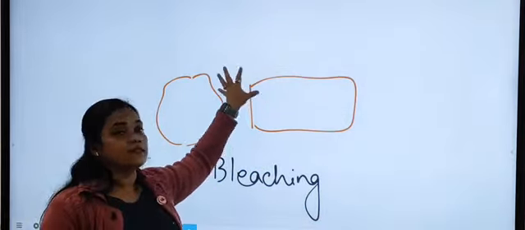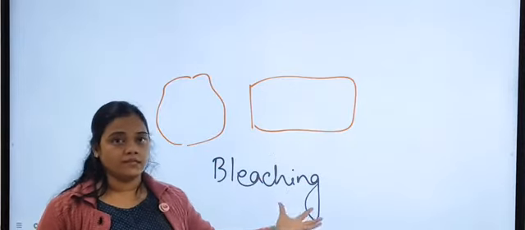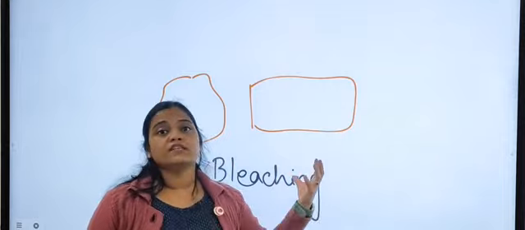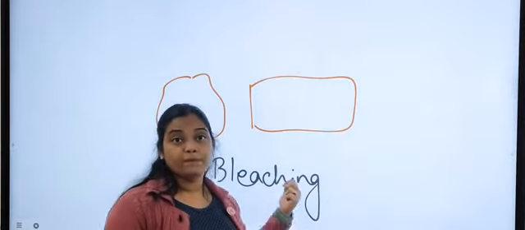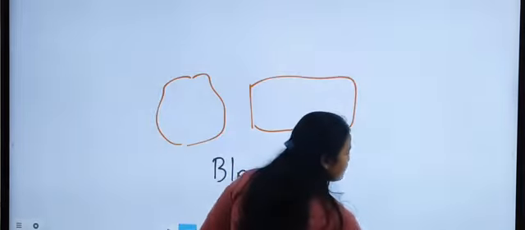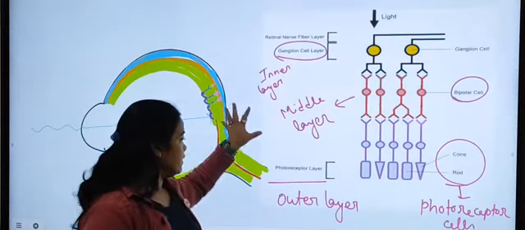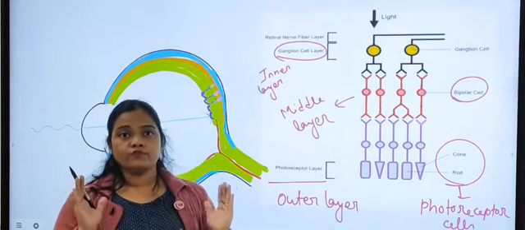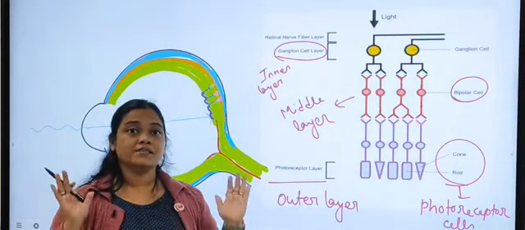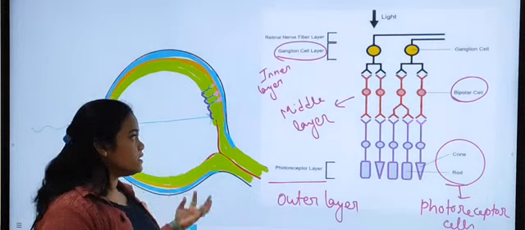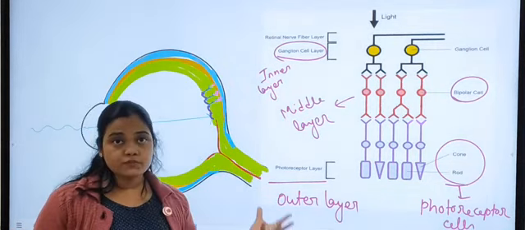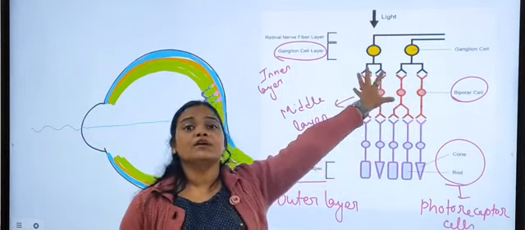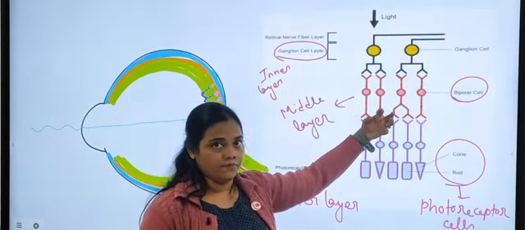As soon as they are separated from each other, it will create an action potential in the bipolar layer of the eye. So, as soon as the two parts of the photoreceptor cells are separated, this will create an action potential in the bipolar cell or bipolar neuron of the retina.